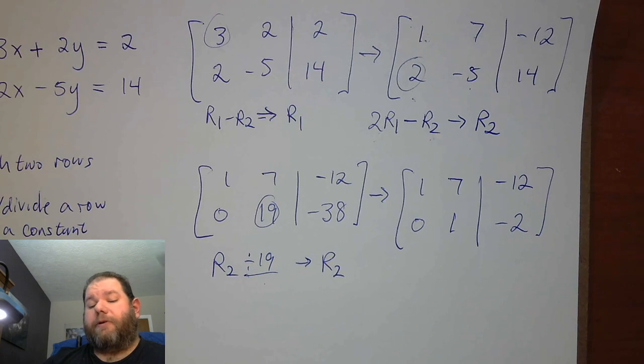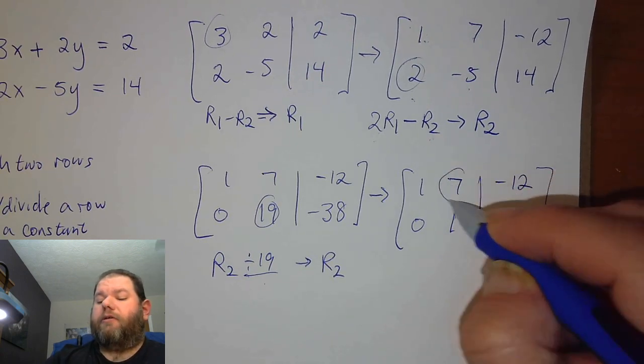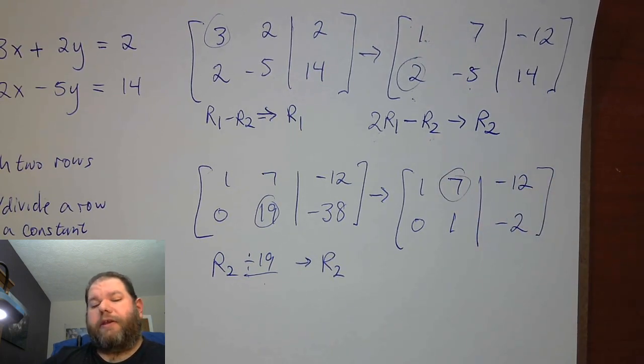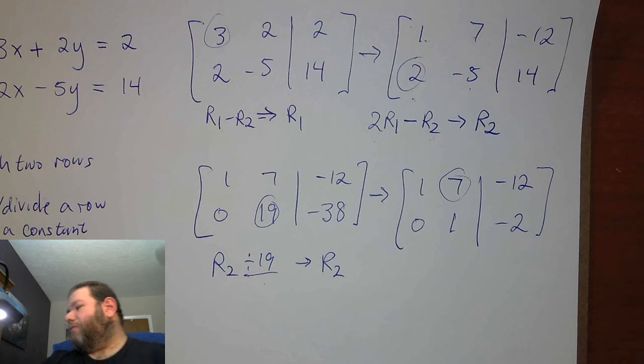So one last step here. We have that 7 in row 1, and now we want to make it into a 0. And we'll need to use row 2 for this. So we're using both of the rows, row 1 and row 2.